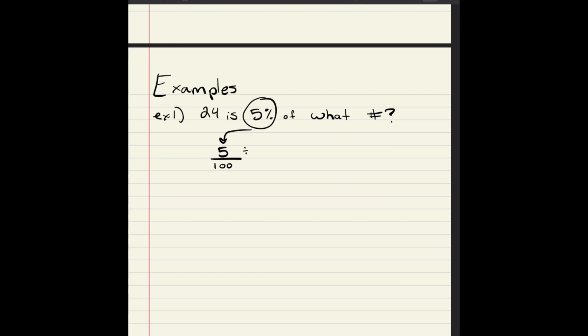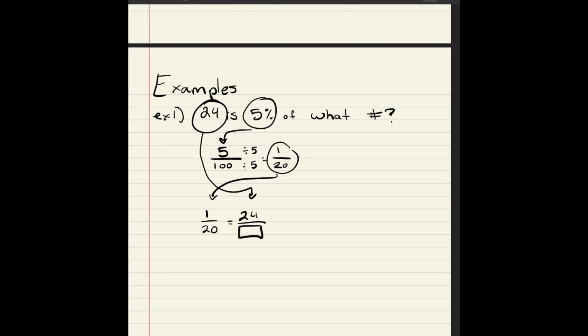And this can be simplified, so I'm going to divide 5 to both, which would give me 1 over 20. I'm going to rewrite this over here. 1 over 20 equals our known number over our unknown.